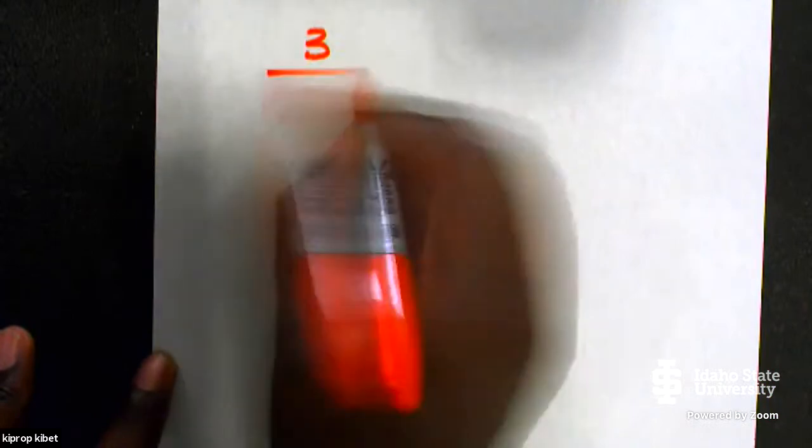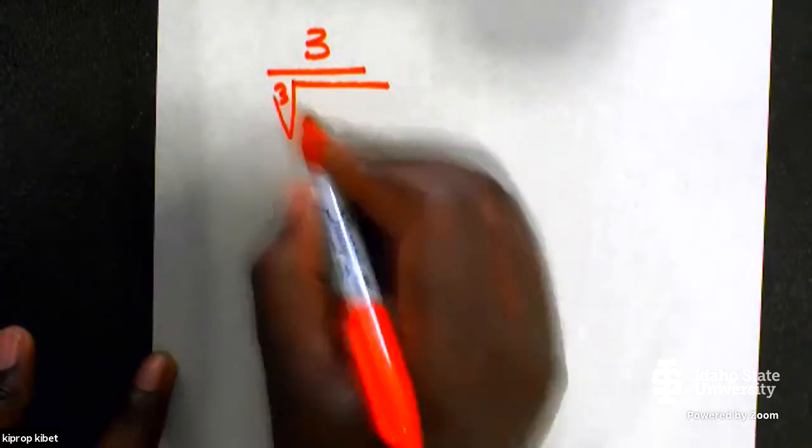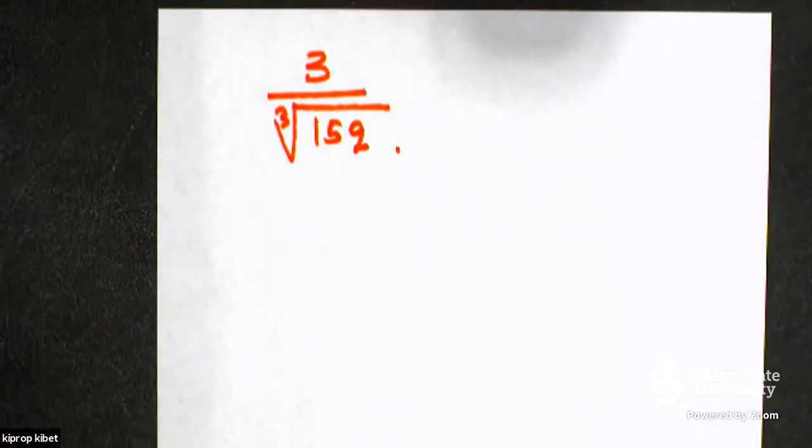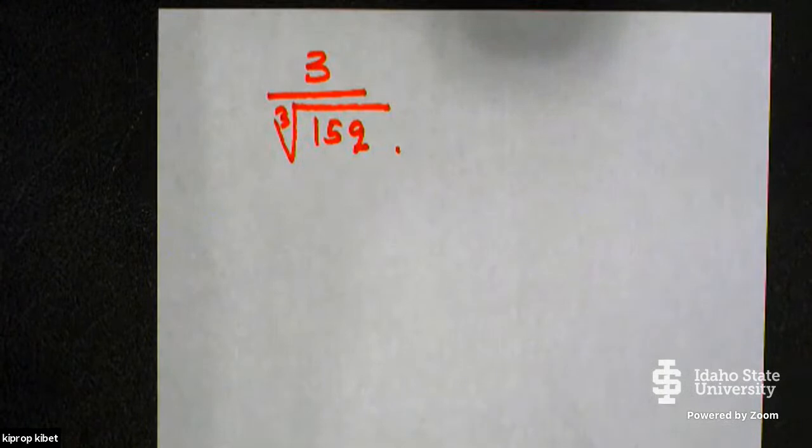Example. Simplify 3 all over the cube root of 15q. Now, how should we rationalize that?